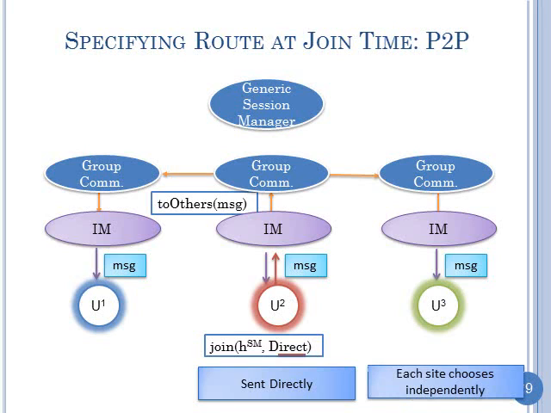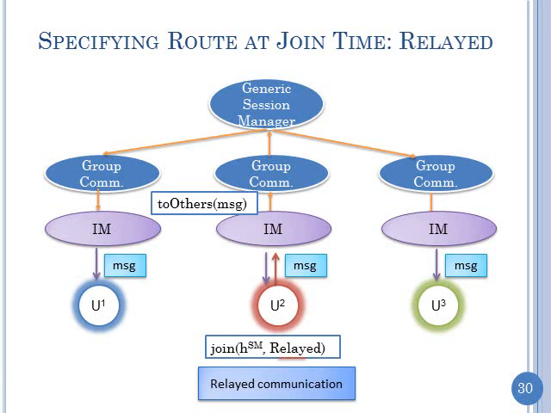I'm not sure whether there's much flexibility practically to be gained from this, but that's what I support. Or you can say, I want to join and I want relayed communication. So just at join time, which is configuration code basically, you specify the route the messages will take. Your other code doesn't change at all.